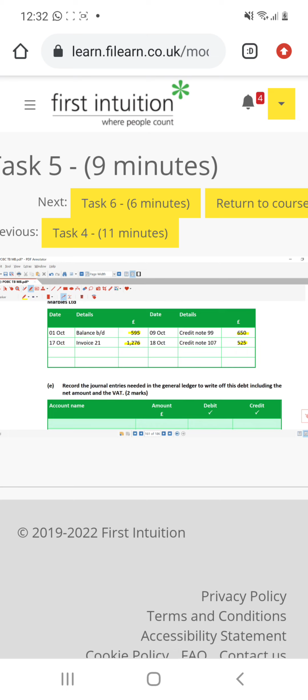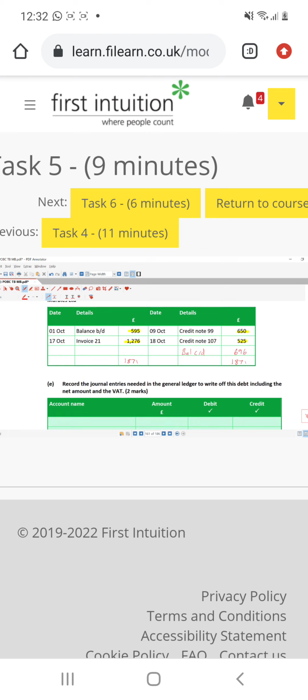How I've come to that is that if I balance off this T account, the higher side again is the debit side, which comes to 1871, so the credit side should too, and therefore I have a balance carried down of 696. So I know this is the amount that I have to write off.